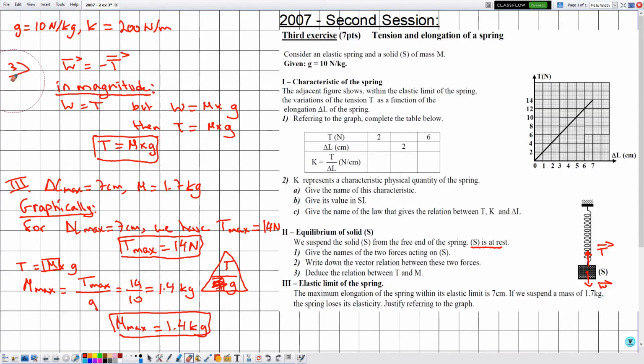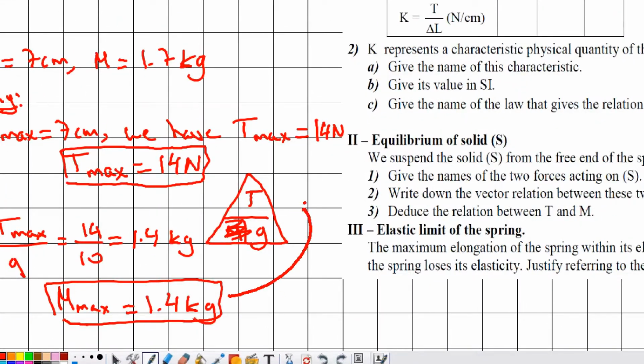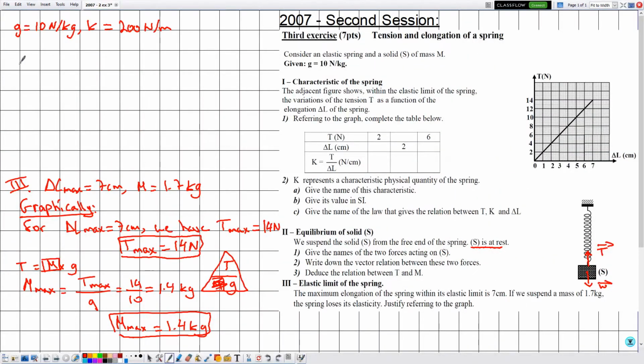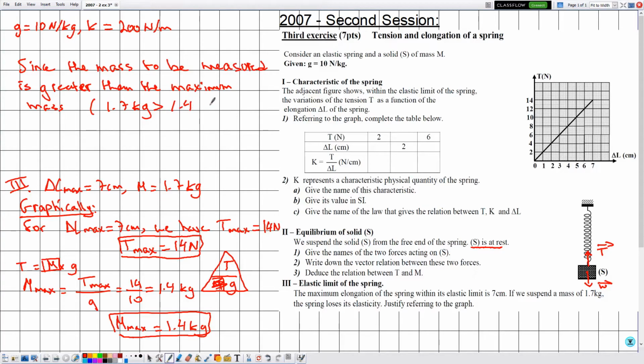Then let me make some space here, and we will continue this part above, as we didn't finish it. So let's say since the mass to be measured is greater than the maximum mass, and between brackets 1.7 kilograms, so this is the mass to be measured, is greater than the maximum mass, which is 1.4 kilograms.